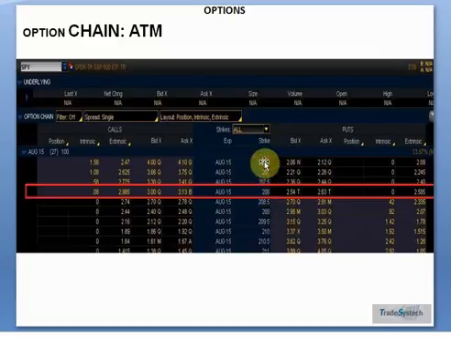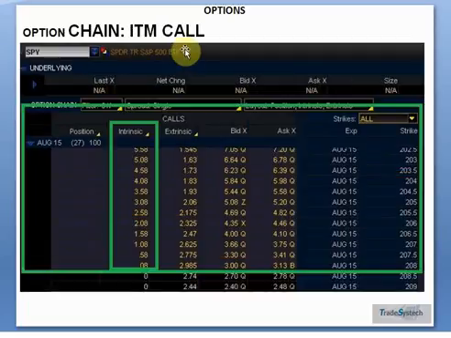So if I choose a call or even a put with strike 208, as you can see, the intrinsic value, as we already described from a theoretical point of view, is very close to 0. You see it here and here as well. Let's move now to the in-the-money option for the call.